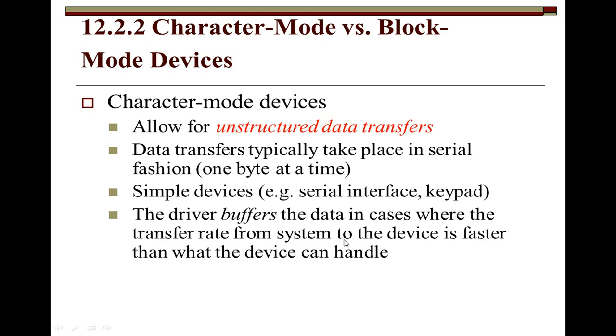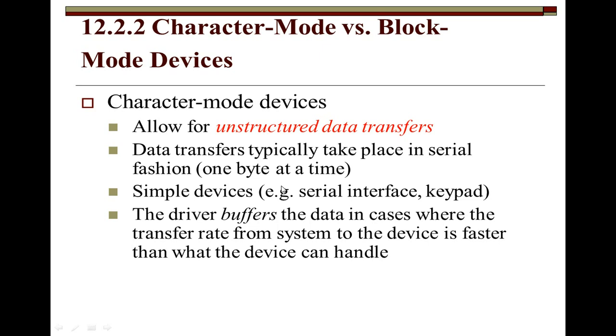Second, we are going to see the character mode versus the block mode devices. Let us see first about the character mode devices. Character mode devices are used for unstructured data transfer. What do we mean by structured data transfer? Structured data transfer is where some predefined structures are already provided for the data transfer, for memory or for non-memory things.